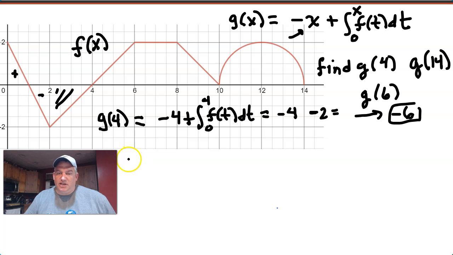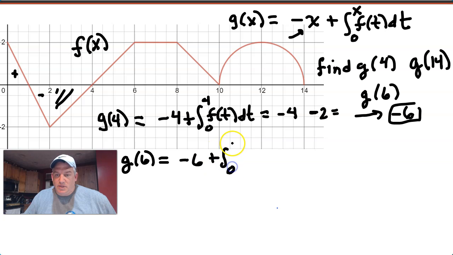G of 6 is done similarly. Here we'll start with g of 6. G of 6 is found by putting 6 in for the x. So I get negative 6 plus the integral from 0 to 6 of the function f of t dt. By looking at this, we can start off by saying we do have negative 6 for sure.